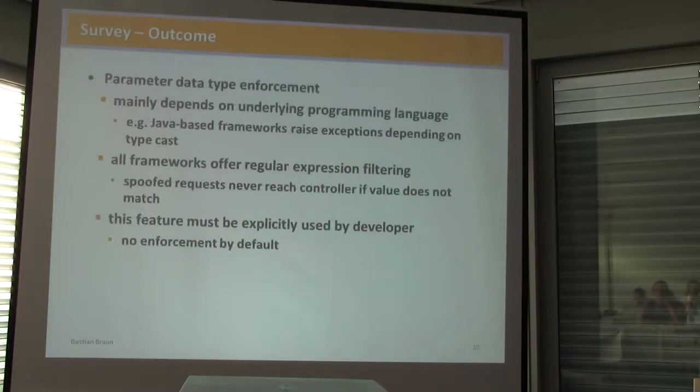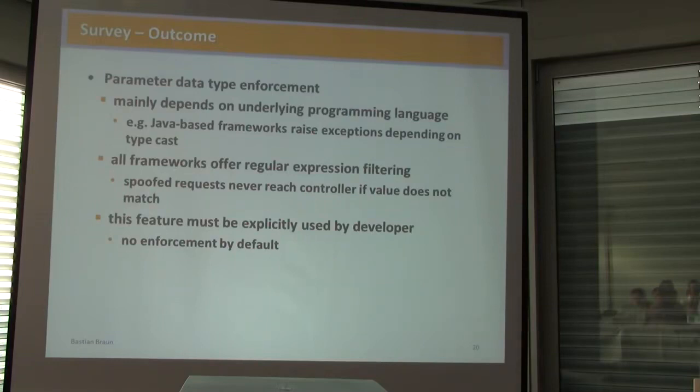Finally, the parameter data type enforcement. This goes a little in the direction of injection attacks. So, of course, if a web application expects an integer, but I finally send it injection code, for example, SQL injection or cross-site scripting code, and it processes it in the wrong way, we all know the consequences.